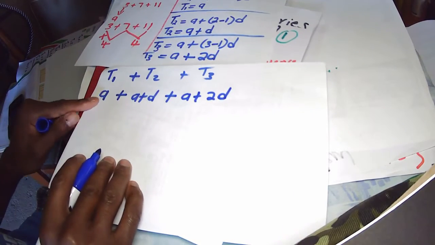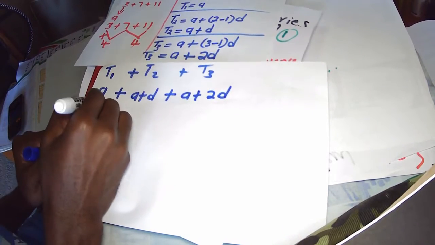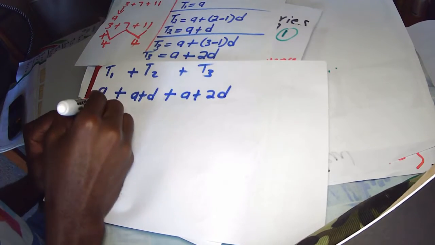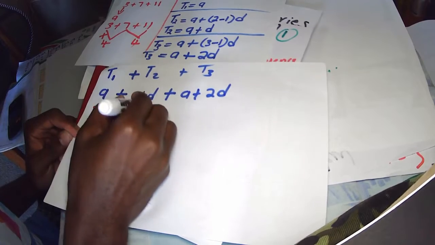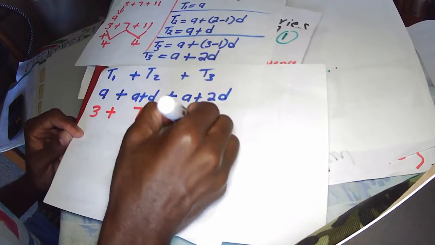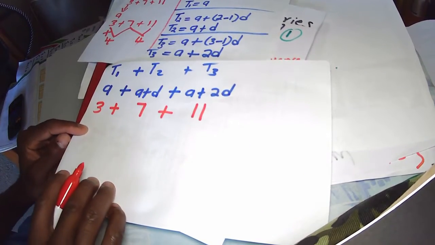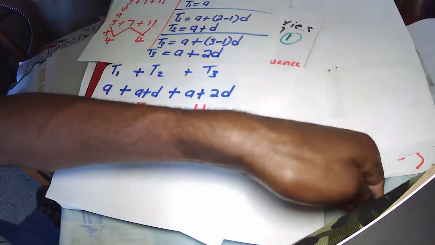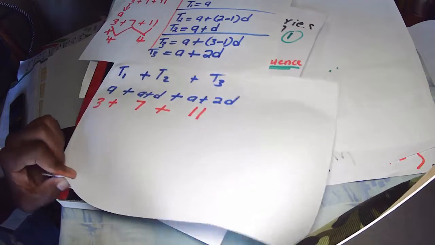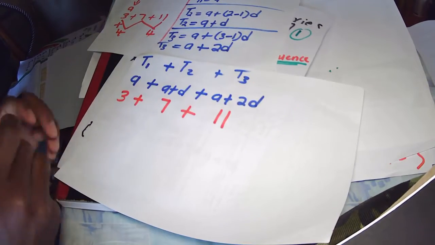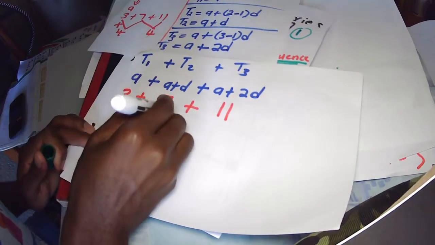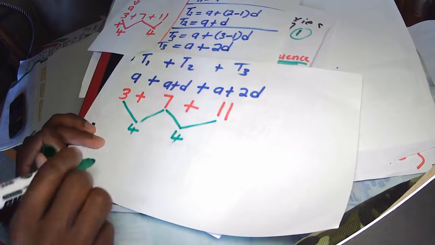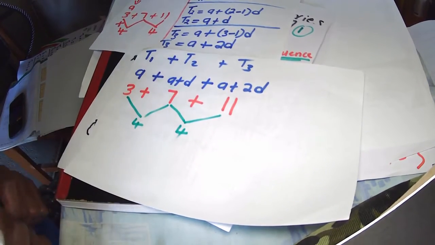This is how we got the 3 plus the 7 plus the 11. We added a 4, that is d, to get the next term.